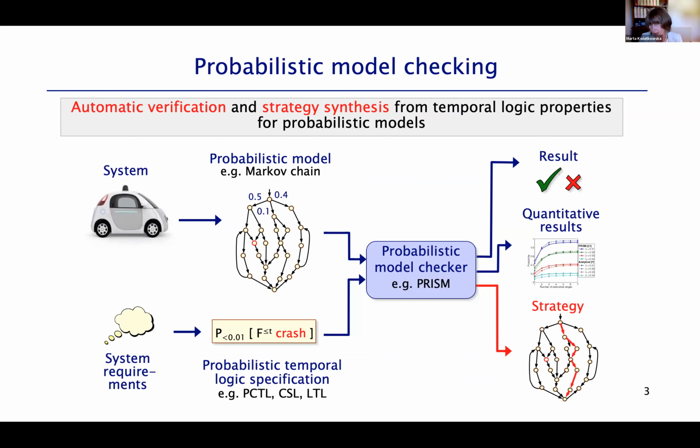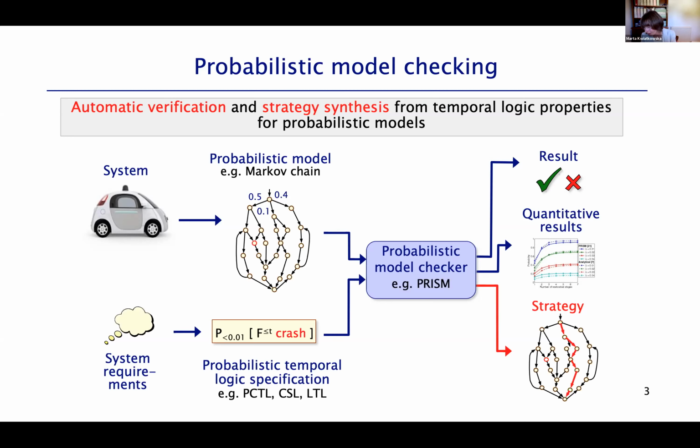Now, this is why I have, with my group, developed probabilistic model checking, and in particular, the PRISM probabilistic model checker. PRISM can do automatic verification, but also strategy synthesis, and it can do it for temporal logic properties. In order to invoke PRISM, you need to give it a probabilistic model of the system.